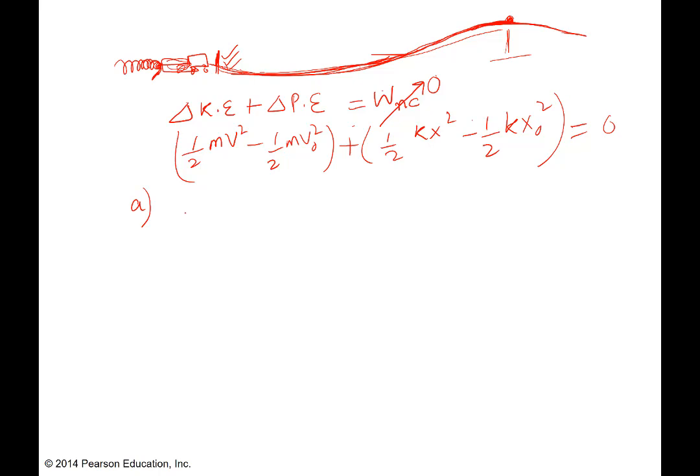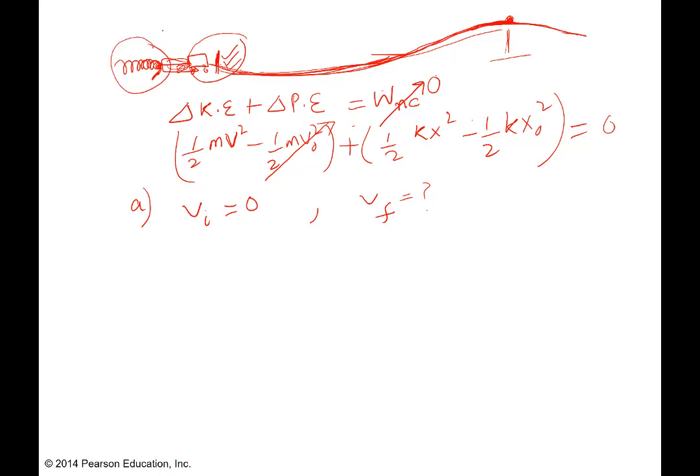So we have initial velocity is 0, and you have to find out the final velocity. If I write down this equation, 1/2 m v naught squared is gone. This is the position where it was over here, so this v represents the velocity here.